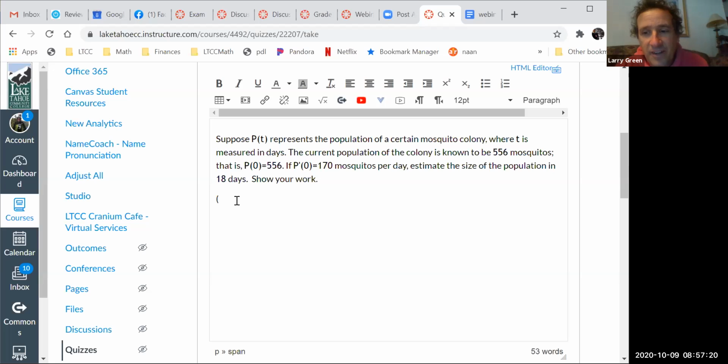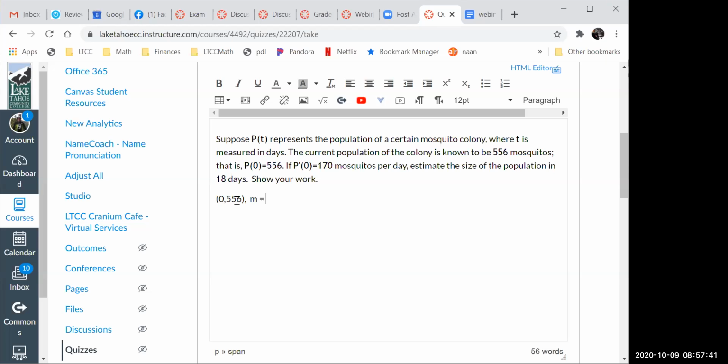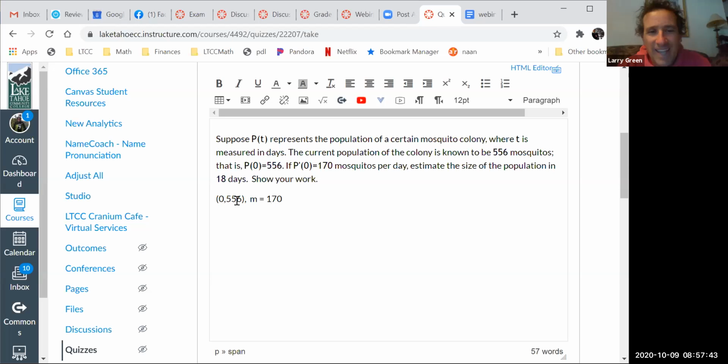So 0 is first, so 556 is second, right? Because it's time, comma, mosquito numbers. So 0, comma, 556. And what's the slope of the tangent line? That should be easy also. 170, yeah, 170, because remember the slope of the tangent line is the derivative at that point.